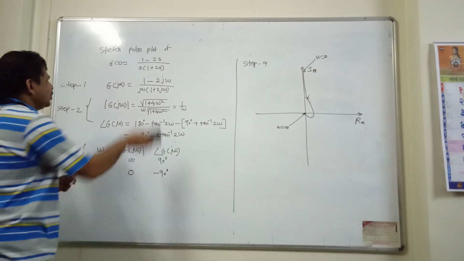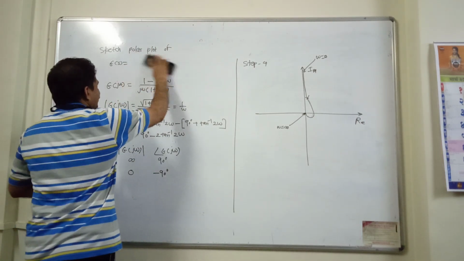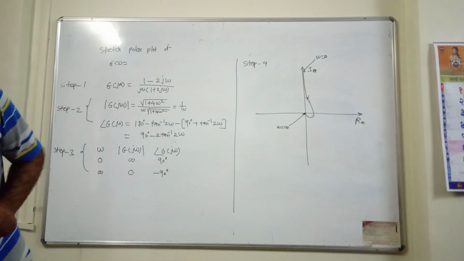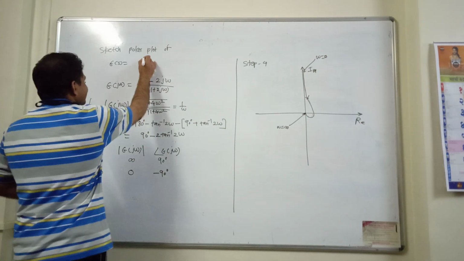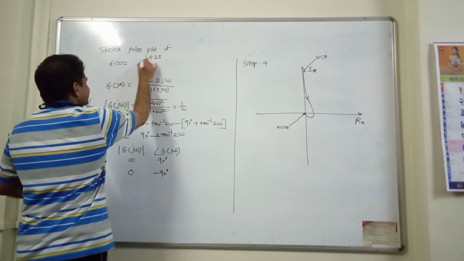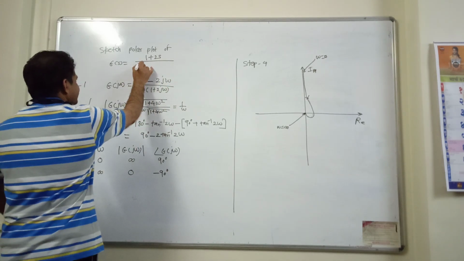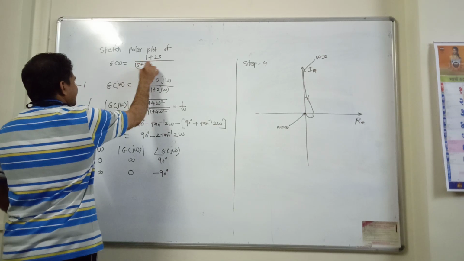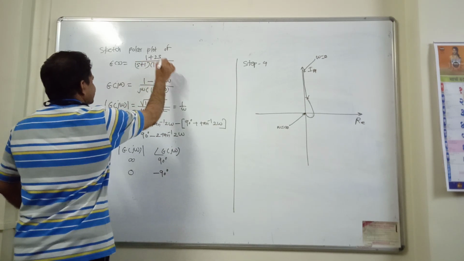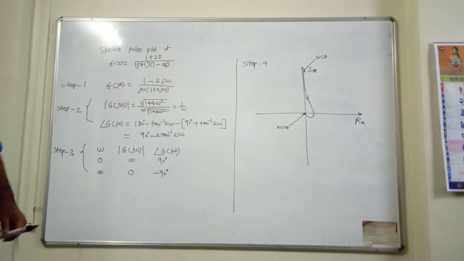Now in this case, we will sketch the polar plot of another example. Here I will take 1 plus 2s in the numerator, and in the denominator it is s plus 1 and 1 minus 2s. So this is another example.